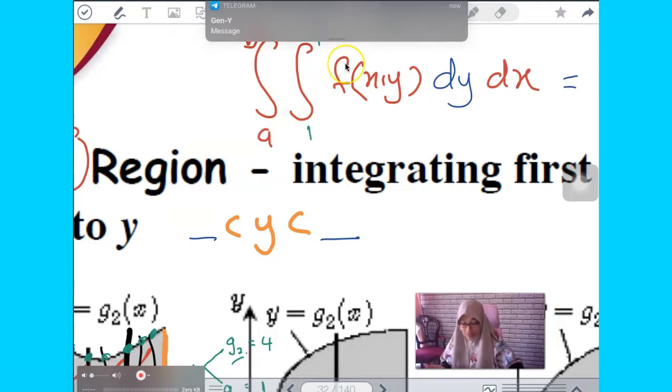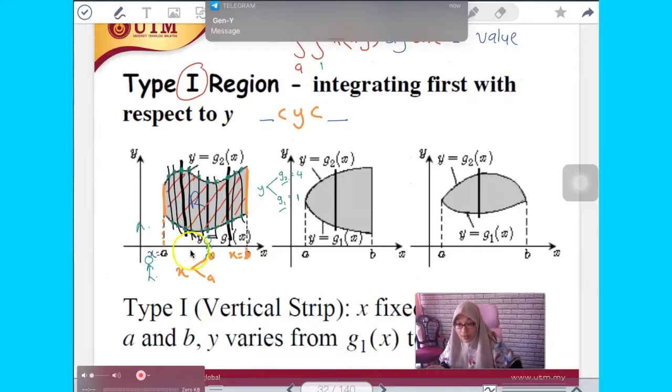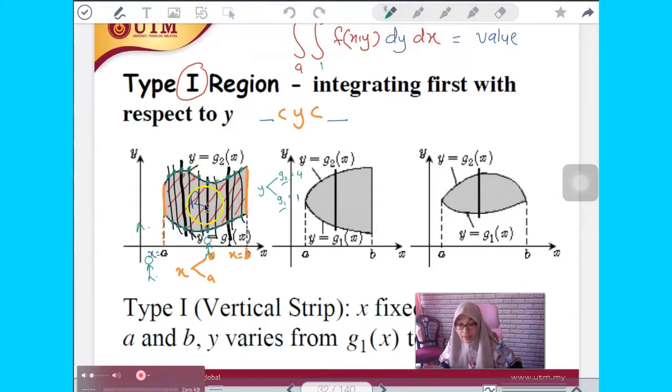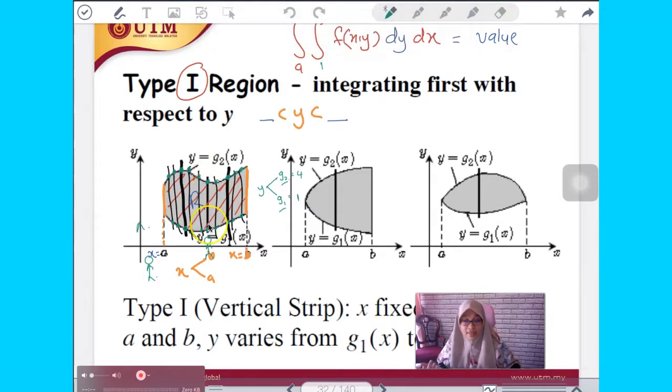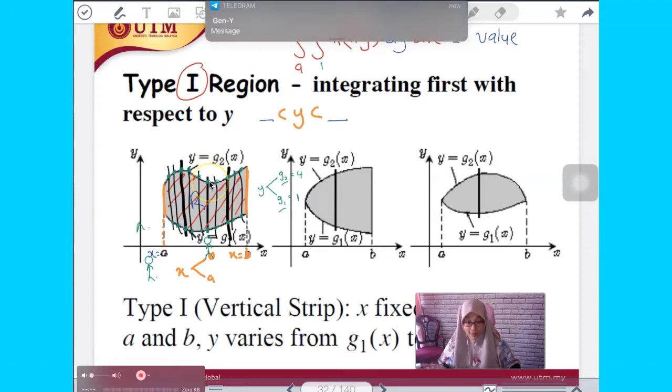Because you see, just now the value of 1 and 4 is actually only along this line, but in reality you can sketch the vertical line all over the region, not only on this specific area. This line is not part of the curve. It's just the line that helps you to determine the lower bound of y and the upper bound of y.